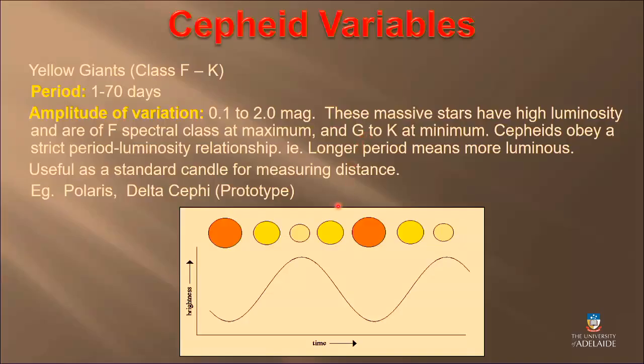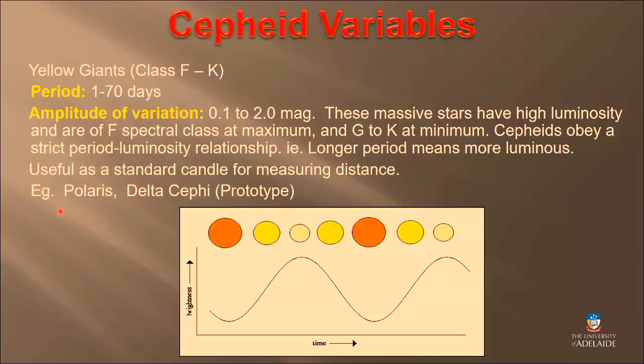By looking at one of these and working out its period, we've got a pretty good idea how luminous it is, and by looking at its magnitude, we can get a pretty good idea of distance. And because they're such luminous stars, we can actually use them to measure the distances in nearby galaxies as well, because we can see these stars in nearby galaxies.